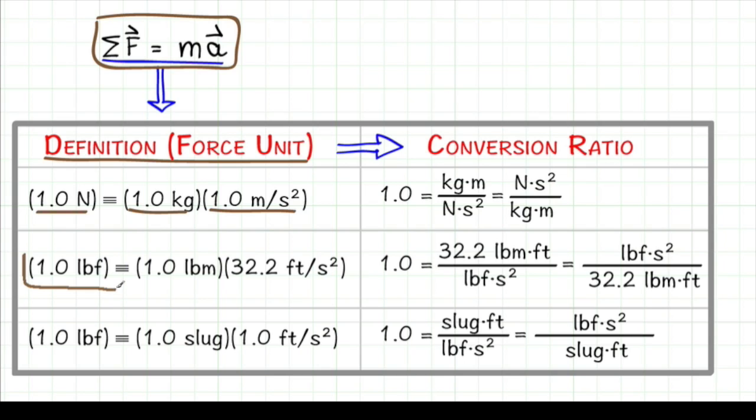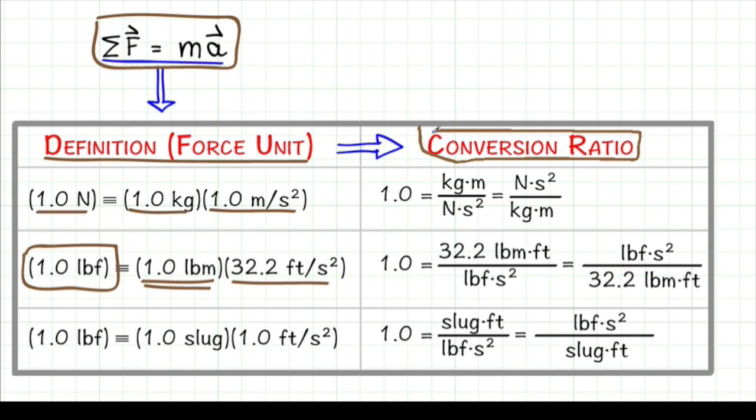Or 1 pound force is the amount of push or pull that will cause this amount of mass, 1 pound mass, to accelerate at this rate. Once we have the definition of the force unit, then we simply use algebra to derive out a conversion ratio. And the conversion ratios are listed in this column.